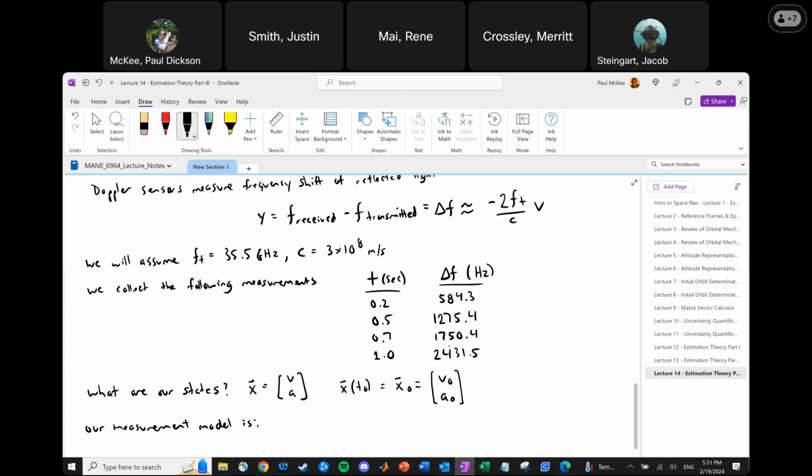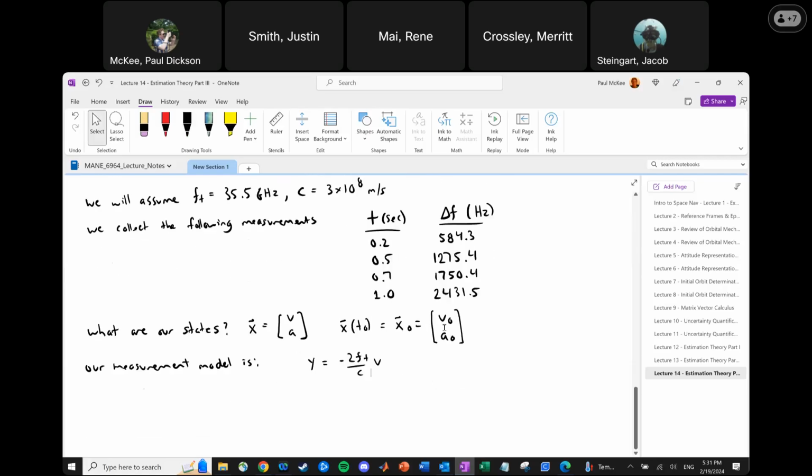We also know that we currently have this written as y is equal to negative 2f of t over c times v. So what I'm saying is that we can rewrite this as y of t is equal to, we're going to call this h.